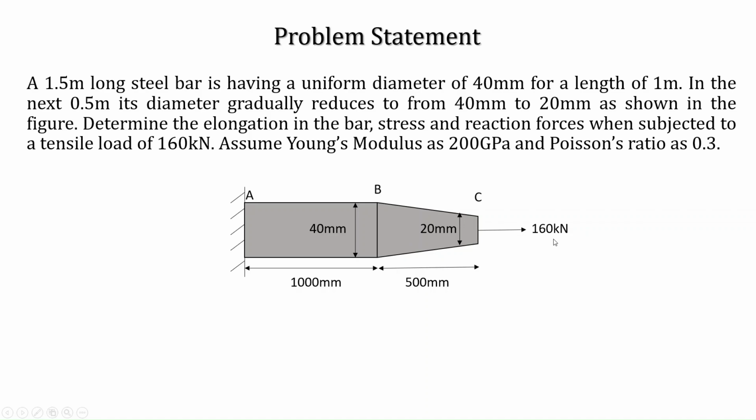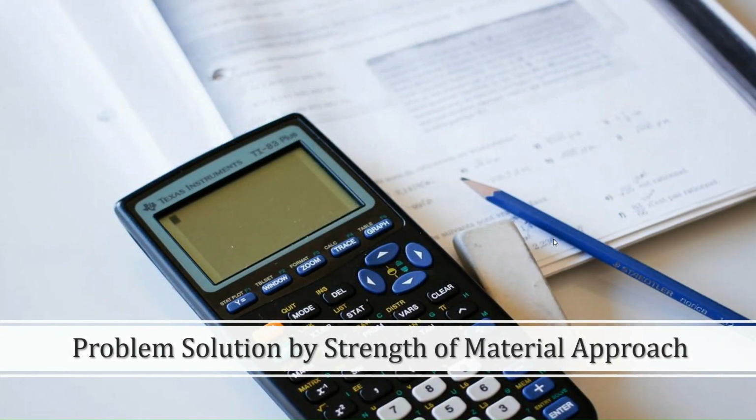We can assume the Young's modulus of the material of the bar to be equal to 200 GPa and the Poisson's ratio to be equal to 0.3. Before we start with the simulation using ANSYS APDL, let us compute the values using the strength of materials approach so that we can compare the answers.